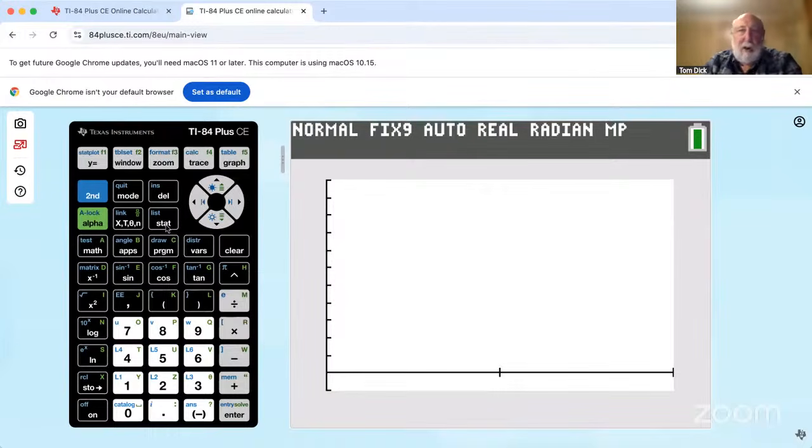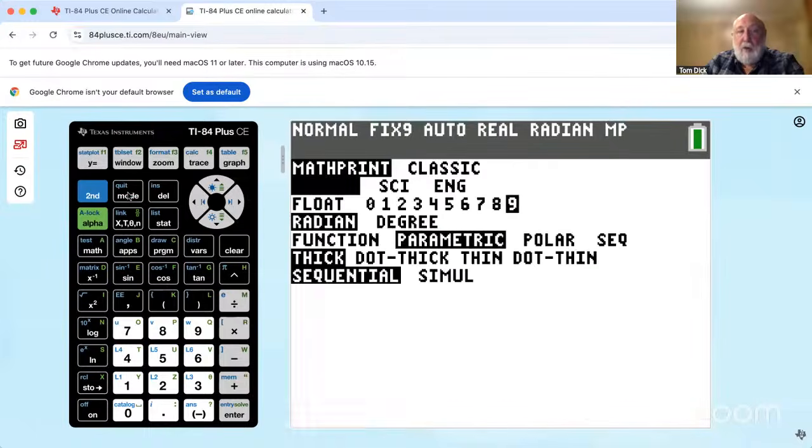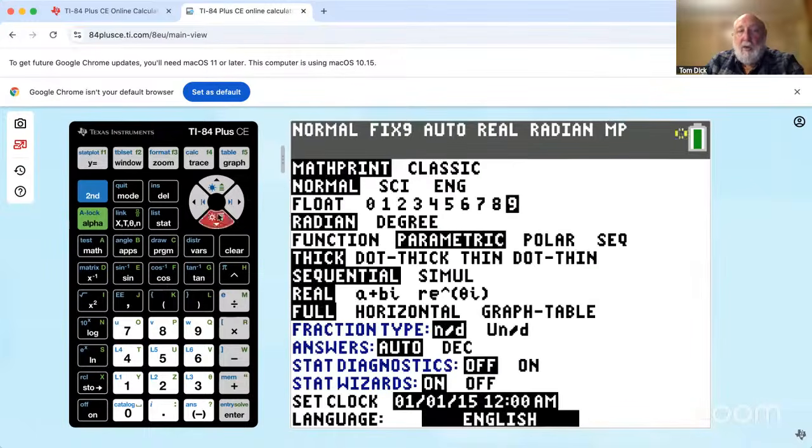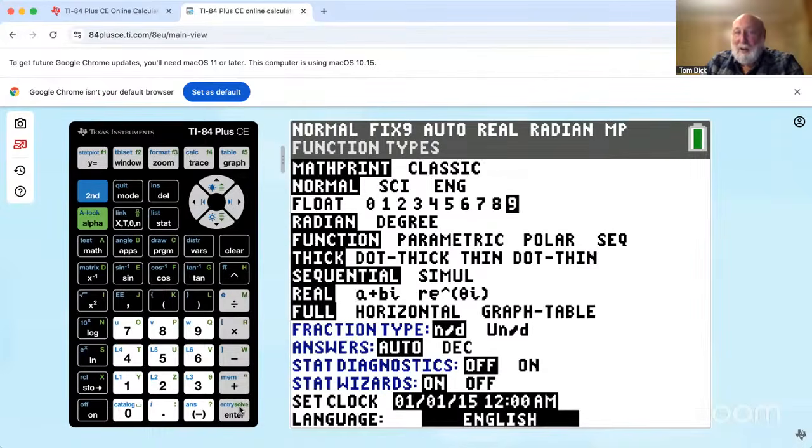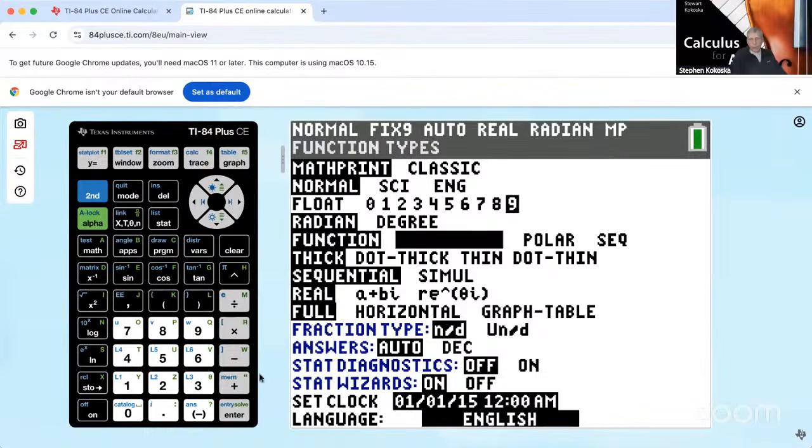It's a great place to make use of the parametric feature on your calculator. To get into that, we go to our mode. Normally, I'd say about 90% of the time or more, you're in function mode. That gives you your y equals a function of x menu. You change that over to parametric.